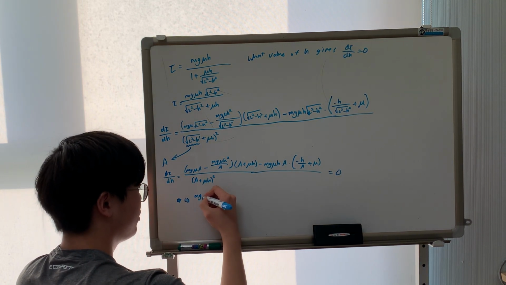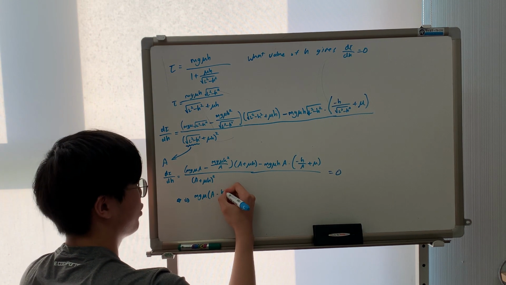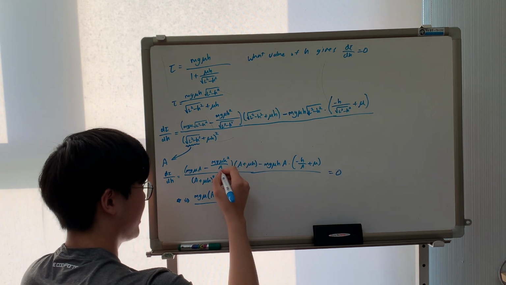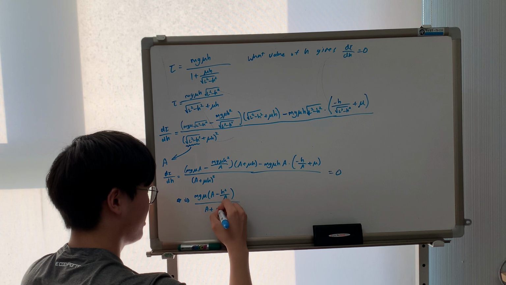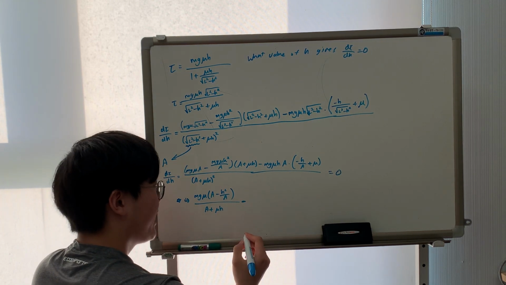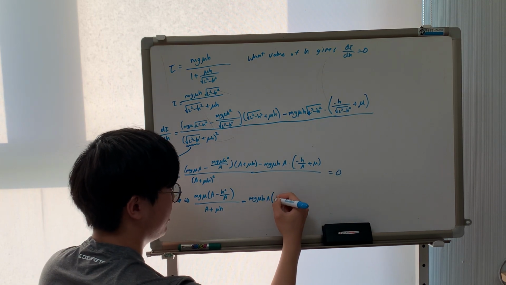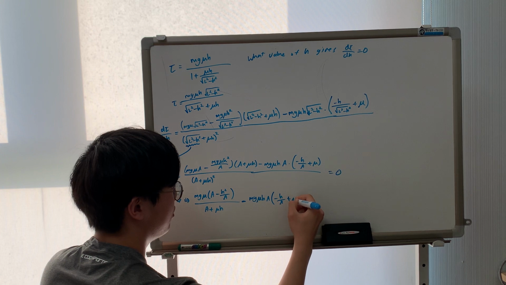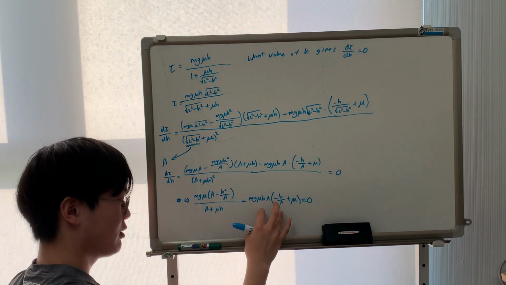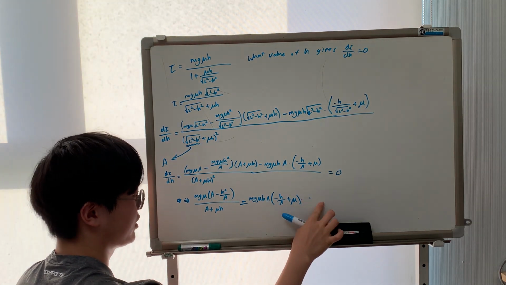We have mg mu times a, mg mu times a minus mg mu times h squared over a, that's a minus h squared over a, and that cancelled out, and so we only have one a plus mu h in the denominator, and then minus mg mu h a times minus h over a plus mu is equal to 0. And because that minus that is equal to 0, we know that these two must be equal, and it's not going to be 0.